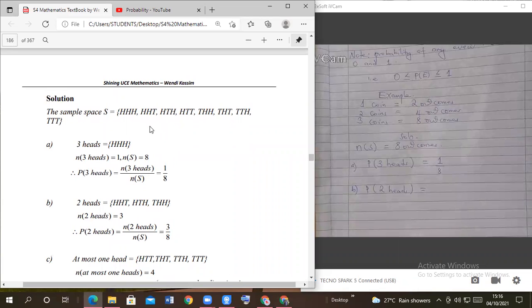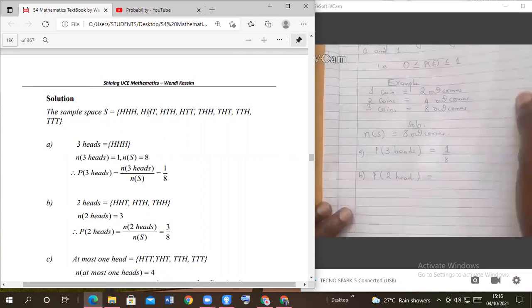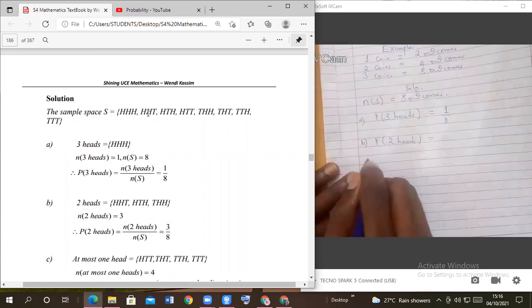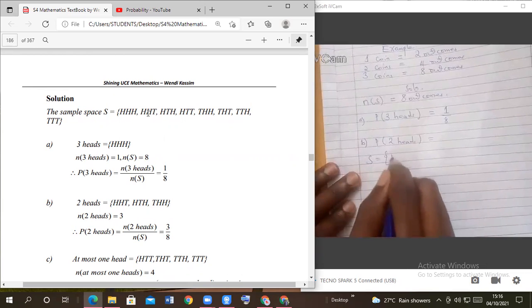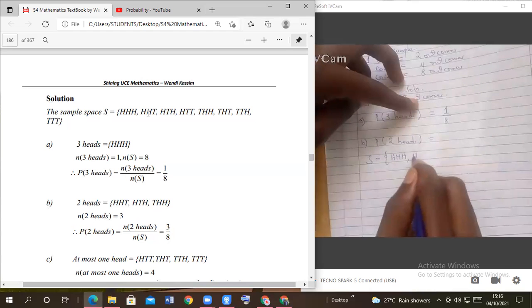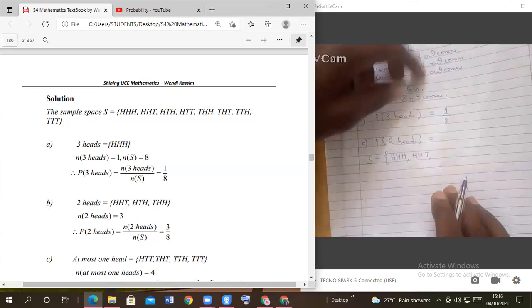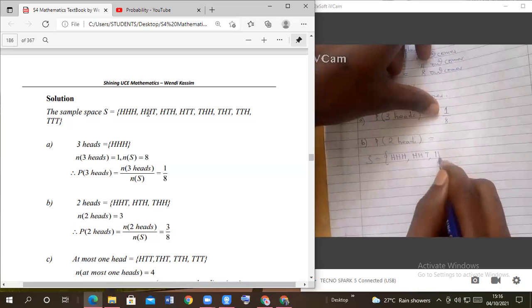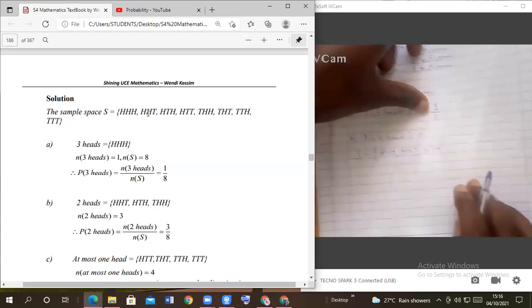How many? There are 3, not so? Because they're saying 2 heads. Let me write here so that you can see. Our sample space was head... head, tail, okay? Or you can have head, tail, head.